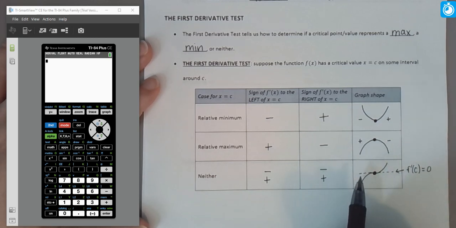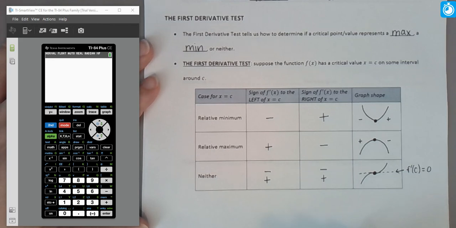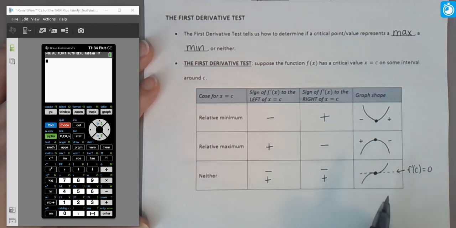But if we analyze what's happening to the left and to the right, we don't actually have a location where maybe our derivative changes signs and we turn either from increasing to decreasing or from decreasing to increasing. So this is also a possibility. We can have a critical value, and when we analyze what's happening with the derivative, it indicates that we have something like this. So we have a critical value, but it doesn't represent a minimum or a maximum value in relation to what's around it.